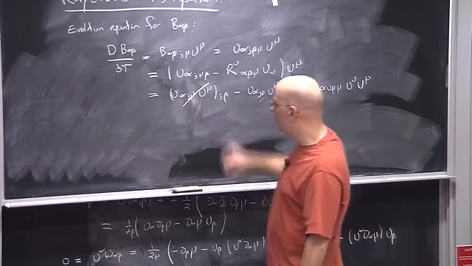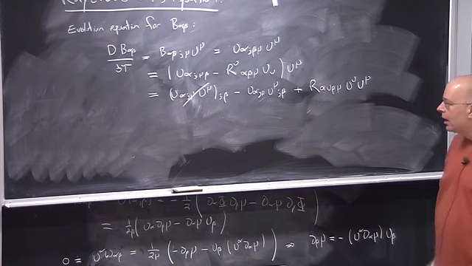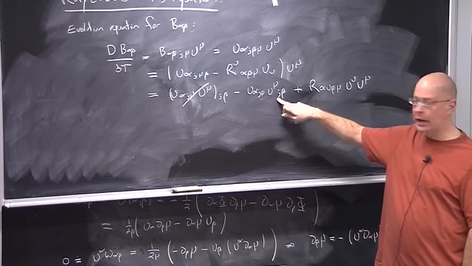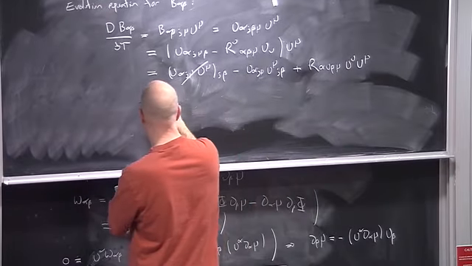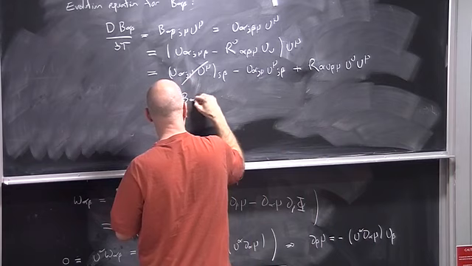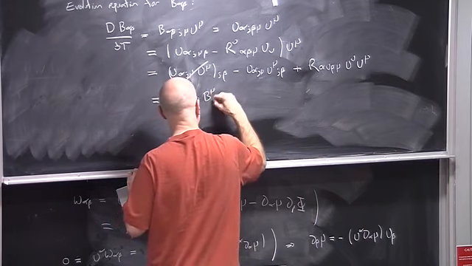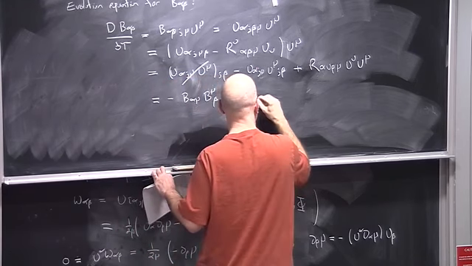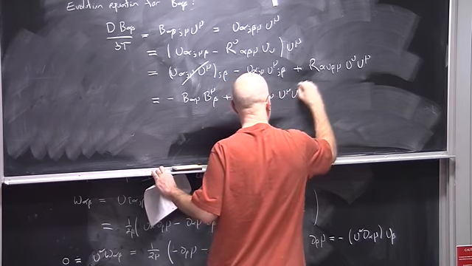This is 0. That's why I did this. By virtue of the geodesic equation, we get rid of the first term. This we recognize, that's our B. And this we recognize again, that's also our B. Right? So in the end, I end up with a fairly clean-looking equation where I have minus B alpha mu, B mu beta, plus Riemann tensor alpha mu beta nu u mu u nu.